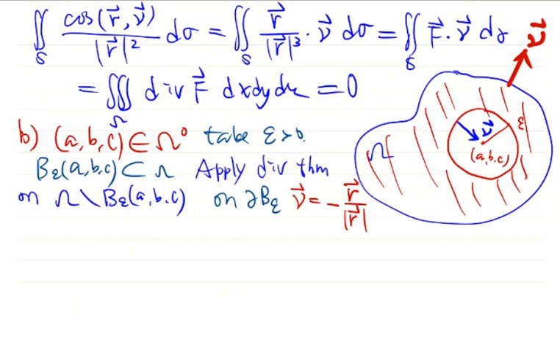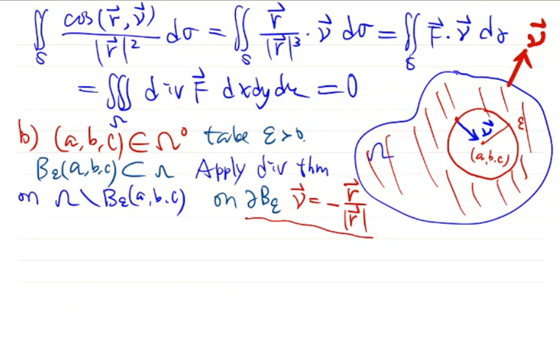Because this is a sphere, at the point R on the sphere, the normal is in the same direction as R. So you simply normalize R and obtain a unit normal vector. But this unit normal vector points out of the ball B epsilon. So to be an outward normal vector of our domain omega removing this B epsilon, we need to add a minus sign. This is why on this sphere, nu is given by this formula.